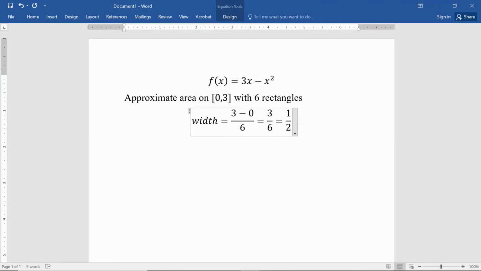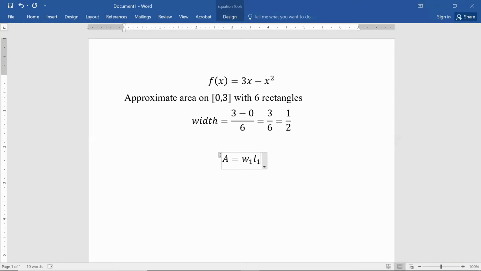We create 6 different rectangles. You could see how I did this. The area of each rectangle is just the width times the height, or the width times the length, whichever term you prefer. In fact, I'm going to switch that up. I'm going to say length times width.